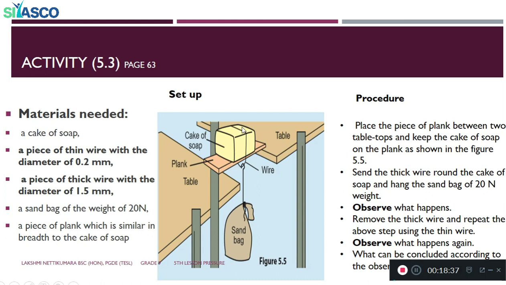First you have to take the thick wire and hang this sandbag of 20 Newton. Here also you have to take the time taken to cut the soap by using these two wires. First you get the thick wire and secondly the thin wire. Then you will be able to observe.